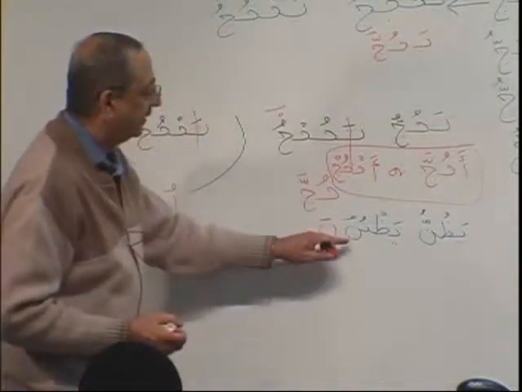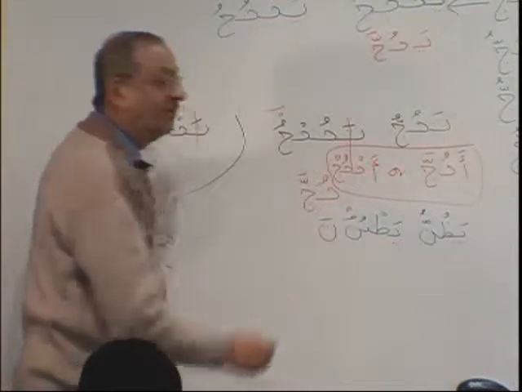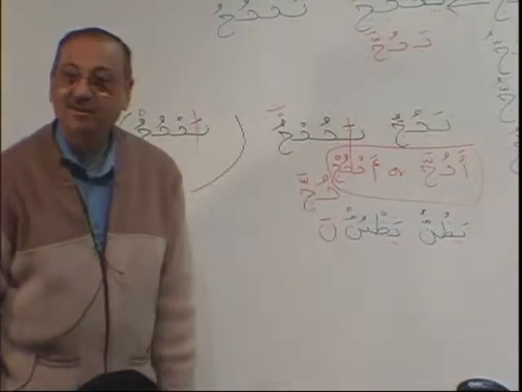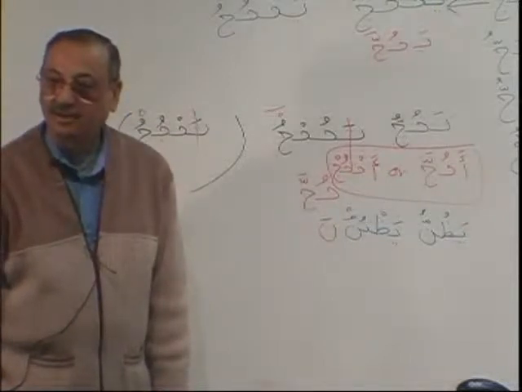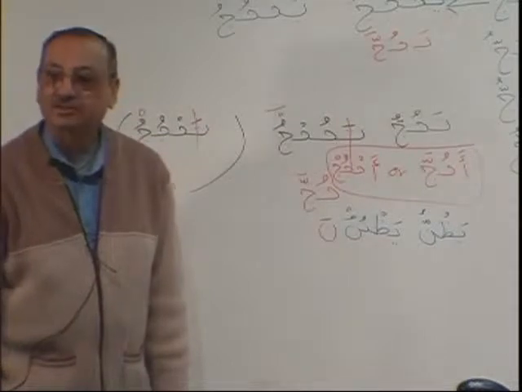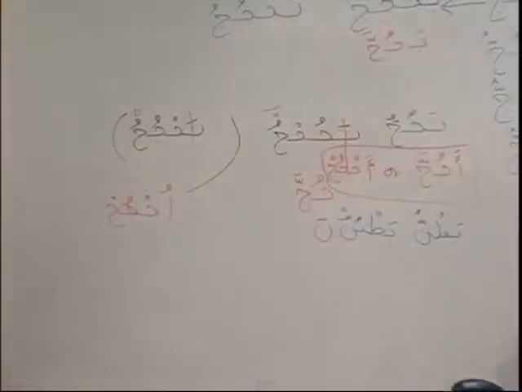Okay. Sister Afza, what shall I do now? Give a sukun here. How will you say? Yaznunna. And antunna, taznunna. It's very, very easy, but we have got to practice a little bit. Okay, brothers and sisters?